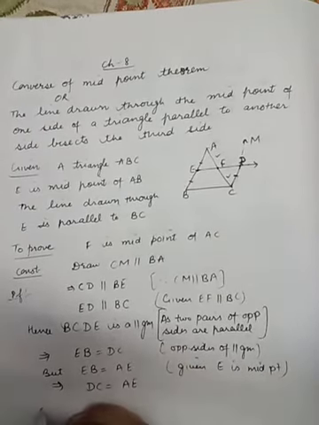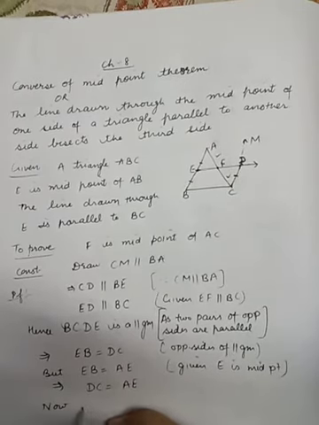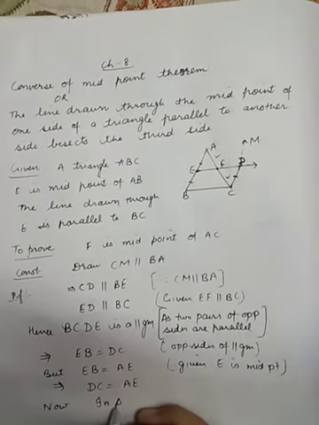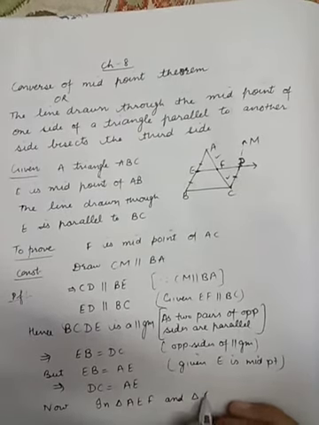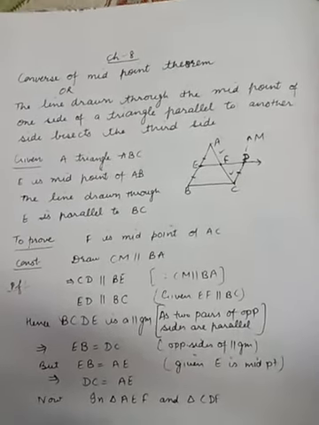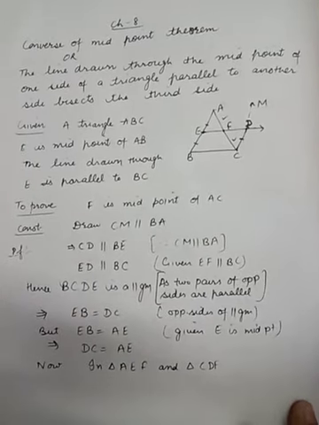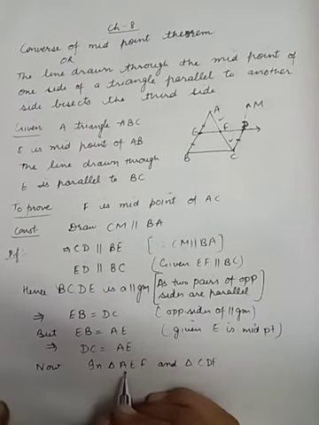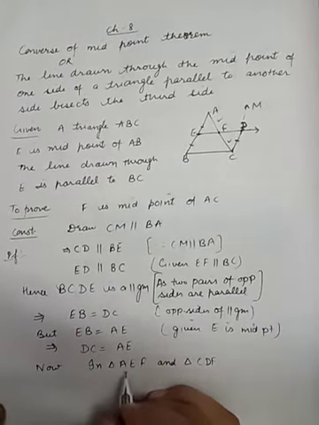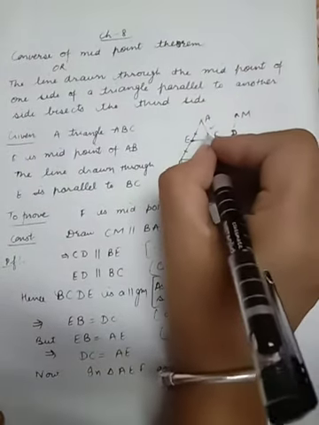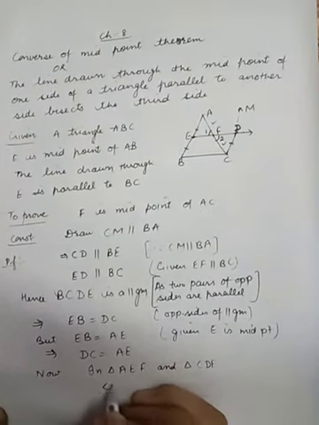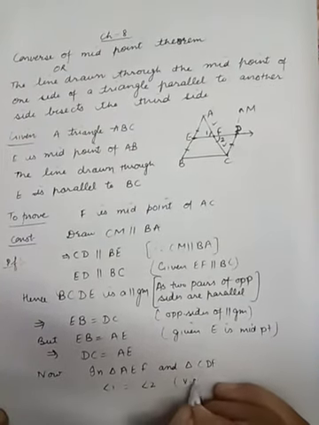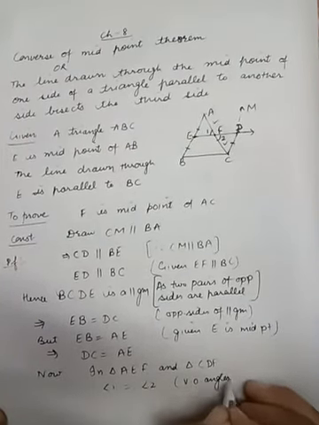Right? Now we will prove the triangles congruent. Now in triangle AEF and triangle CDF. We will prove these two triangles congruent. We have given angle F, we will draw 1 and angle F this side 2. Angle 1 is equal to angle 2 because vertically opposite angles.